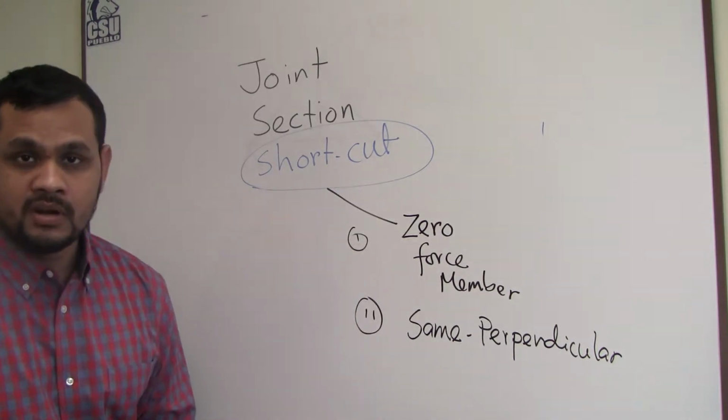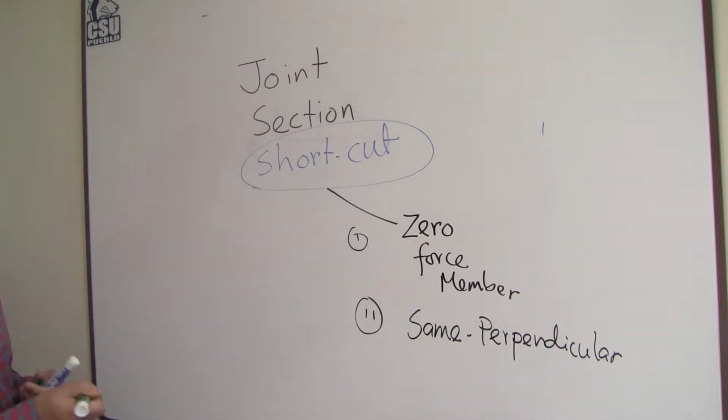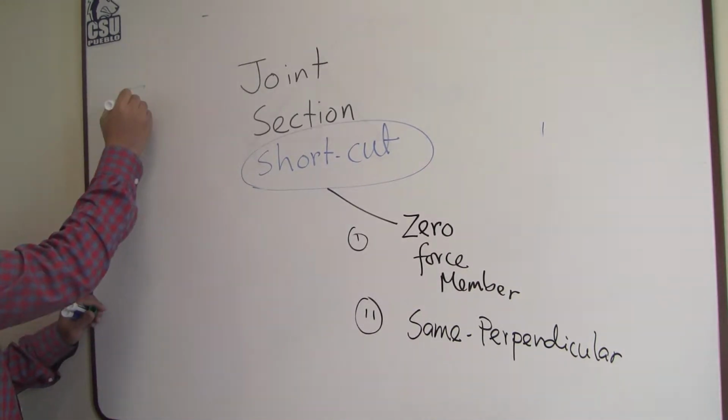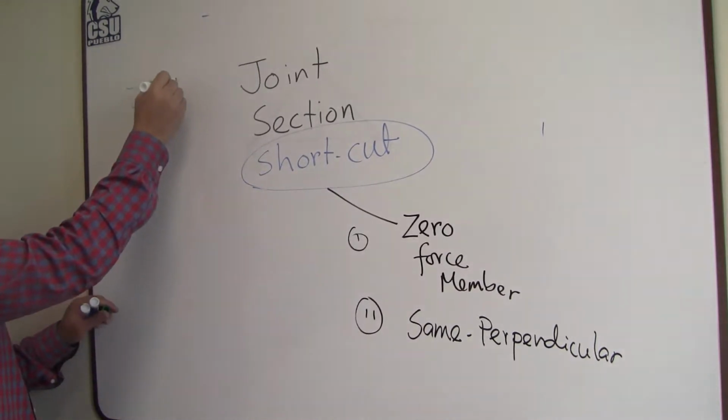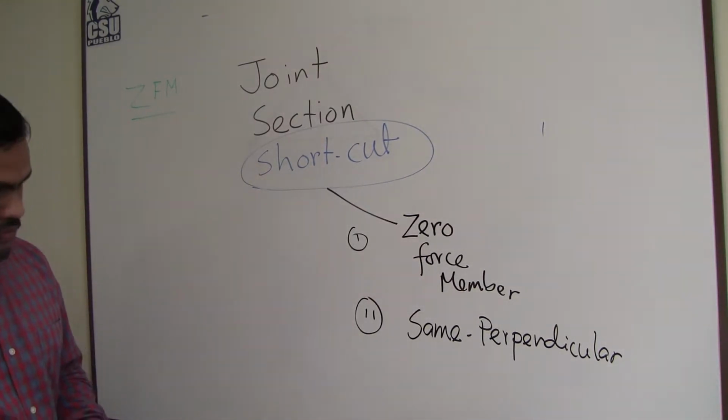For zero force member we have 2 rules. What are the rules?